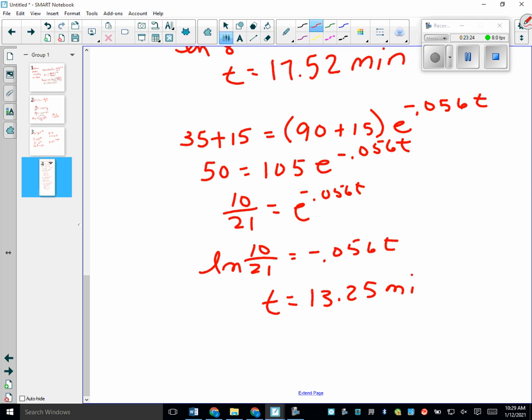In the freezer, it took 13.25 minutes. How long did it take just sitting in the room? 27.5 minutes? Quite a difference, isn't there? About half. All right. Make sense?